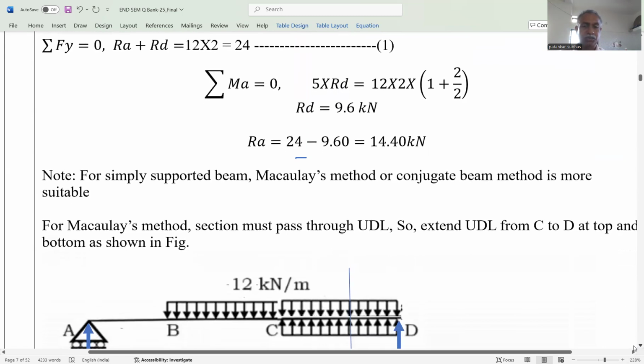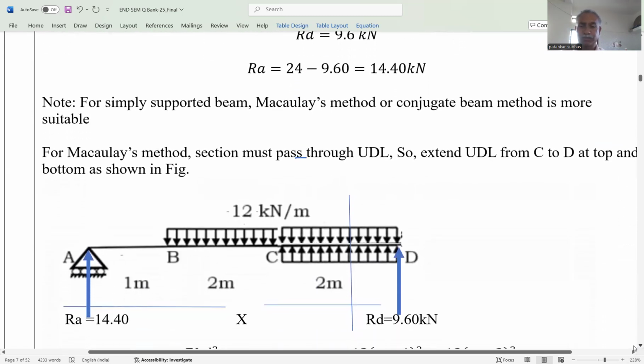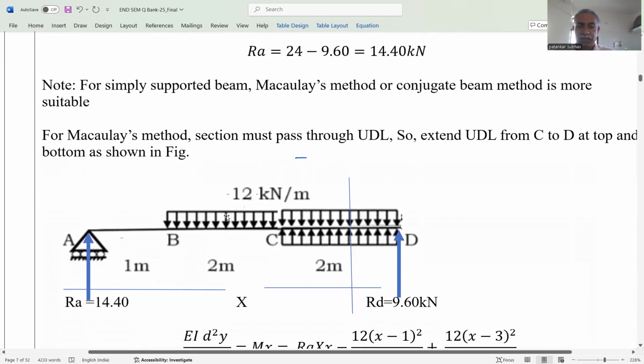So for Macaulay's method, here the UDL is acting in between B to C, not at the support, and not starting from support A or from support D. Therefore, when we take the section from left to right, it is necessary in Macaulay's method to cut the section through the UDL.